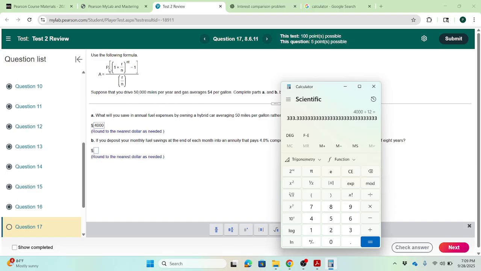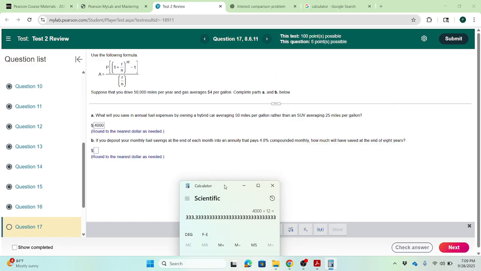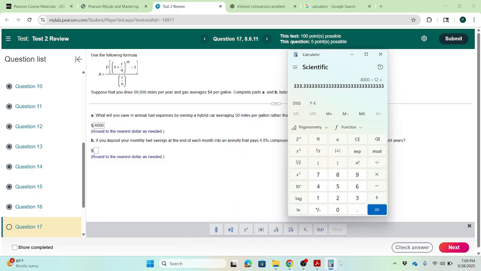If I deposit regularly there with 4.8% compounded monthly, I'm going to use this formula.